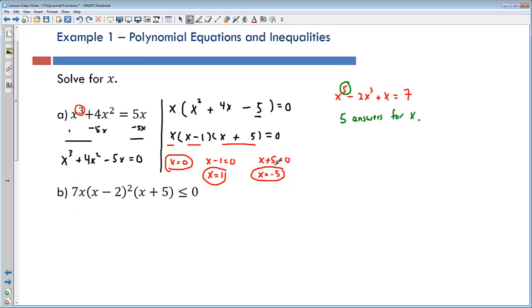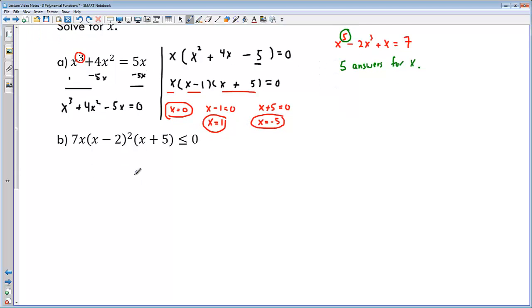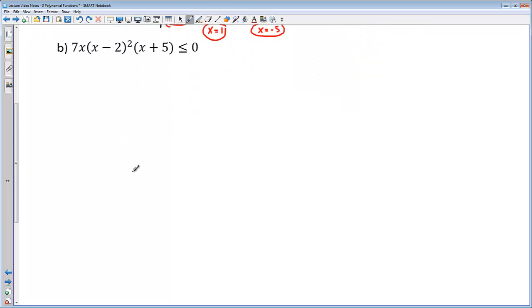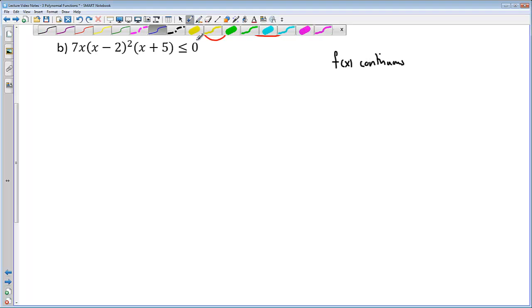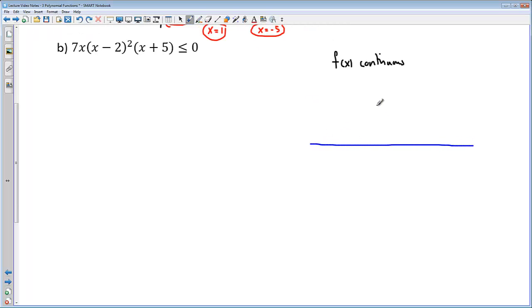Okay, so let's go down here and talk about polynomial inequalities. So remember, to solve an inequality for a continuous function, in general, if you have some function f of x and it's continuous, the idea is actually pretty simple. You can think of the x-axis as being a river, and you're trying to figure out for an inequality when the function is above or below the river.